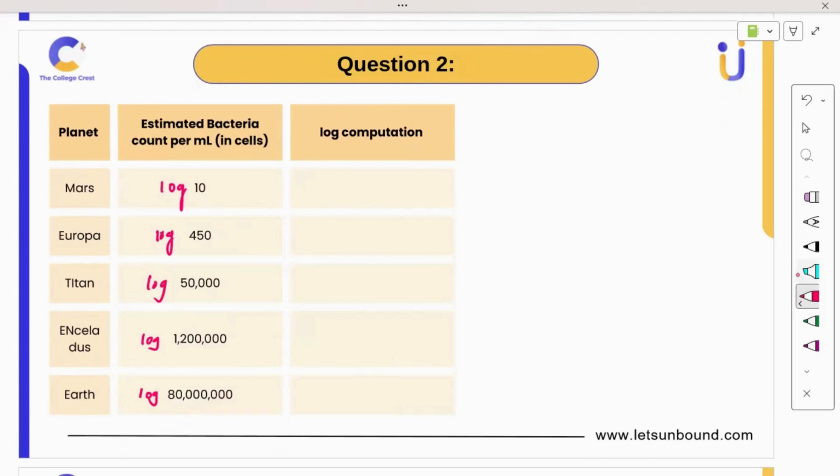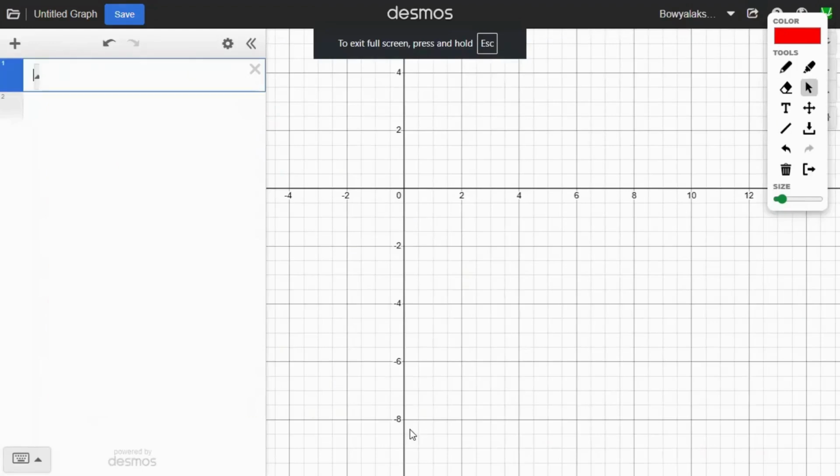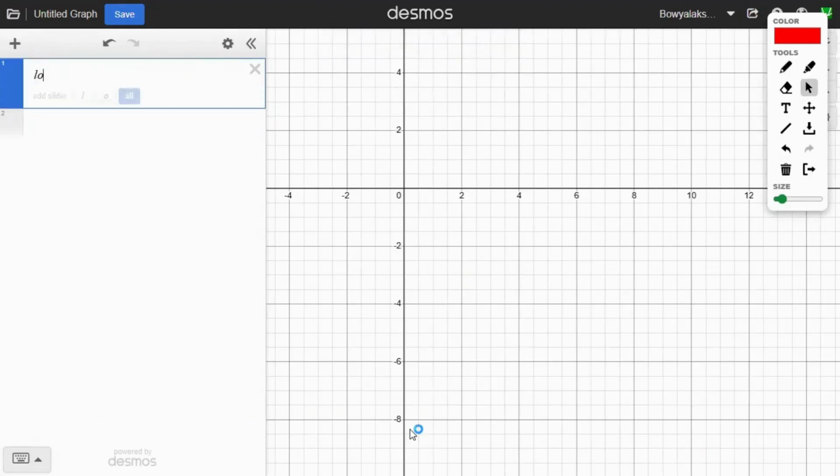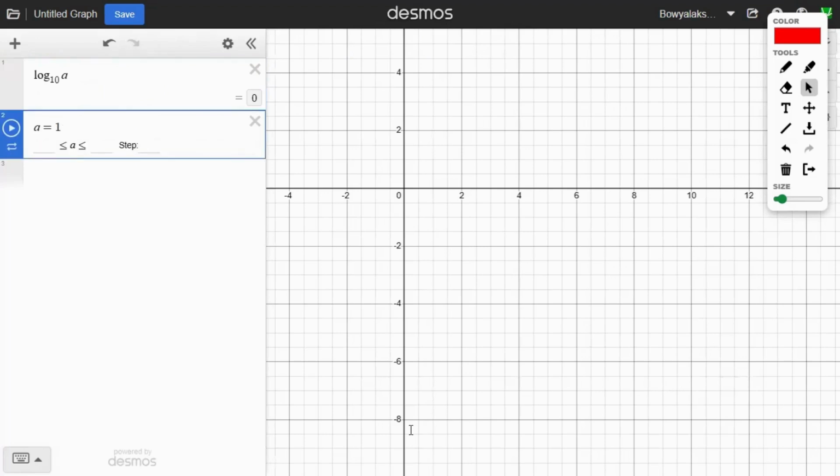Okay, let's do Desmos now. Here we go. Very simple. You just give log with base 10 and some a, and add a slider for a. You can give values whatever you want. Otherwise, you can give just log a also.